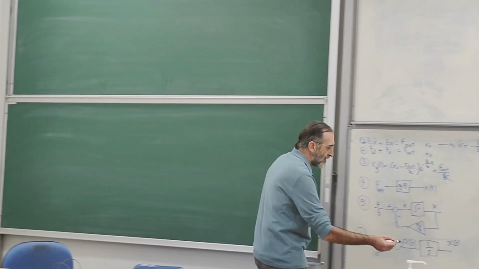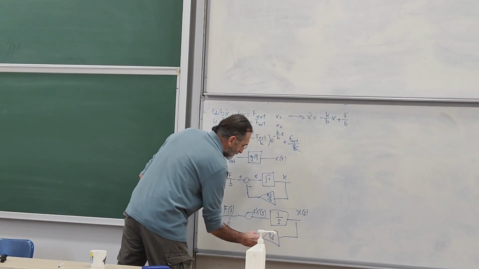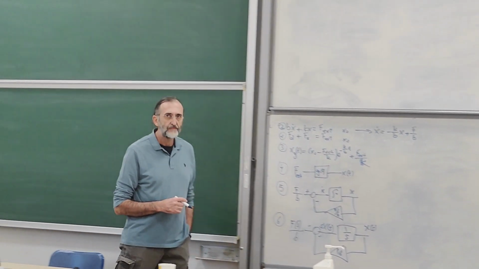Okay? And I take this, multiply it with K over B, and I supply it in here.